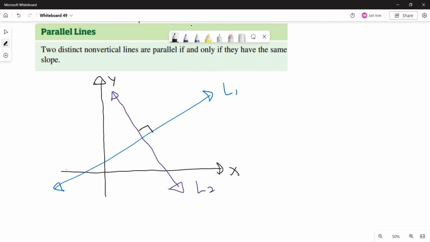And the lines are perpendicular, so they intersect at a right angle. In this case, the rise of L1 is going to be the run of L2, and the run of L2 is the opposite of the rise of L1.